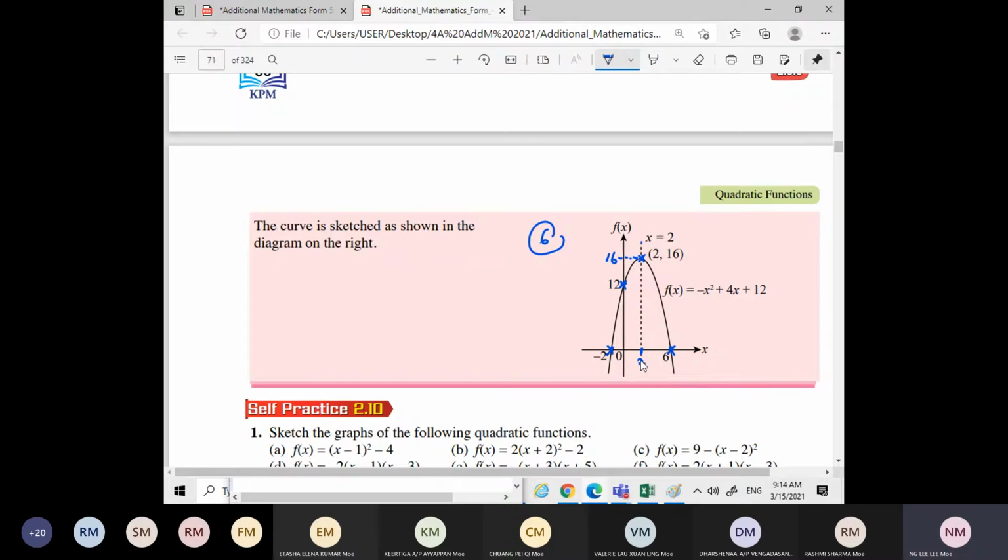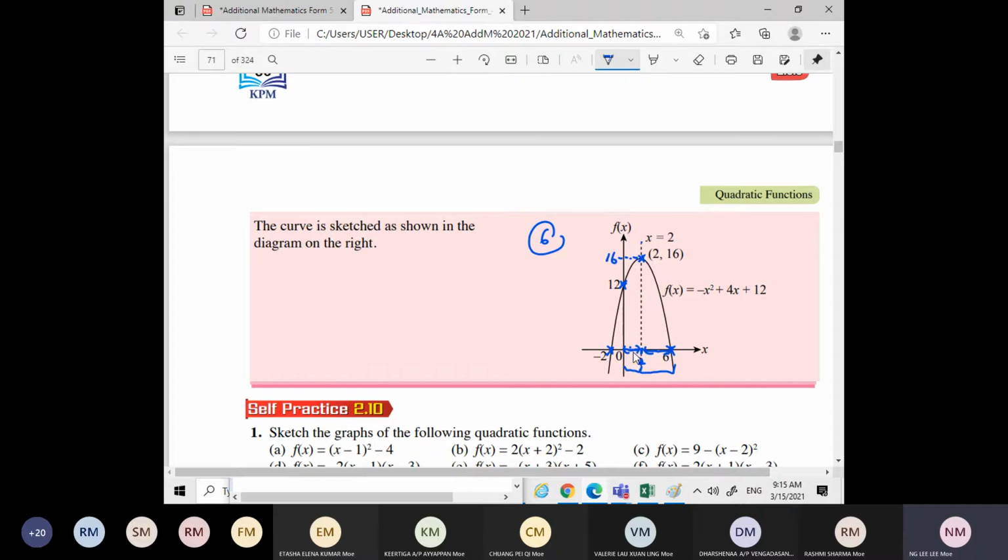Again, one more time, so many of you make this mistake, although I have told you before, you must make sure your scale is uniform. Here is 2, 2 to 6 is 4. You can see the distance from here to here, this one will be double of this.